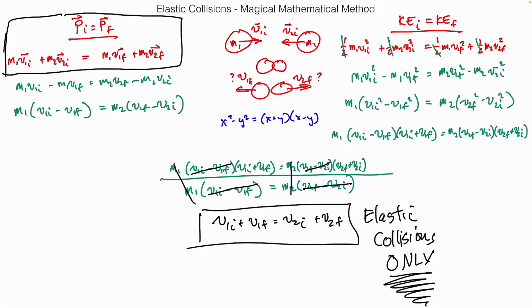Done. What if mass 2 were moving to the right instead? What signs would you put on the initial velocities? Both positive, right? The way I've got it pictured up here, you would make V2 initial negative. Why? It's the other direction from V1 initial, right? So as long as you're careful with the directions you put into these equations, the two black boxes can solve every elastic collision you ever run into.